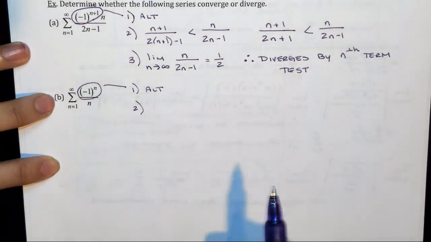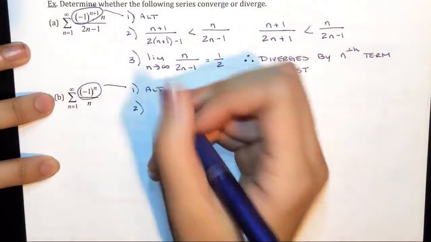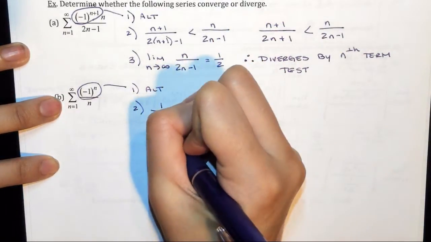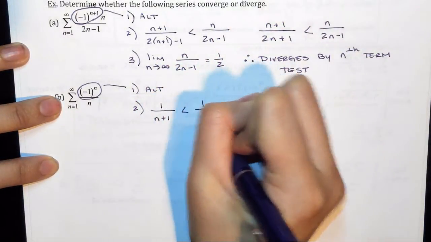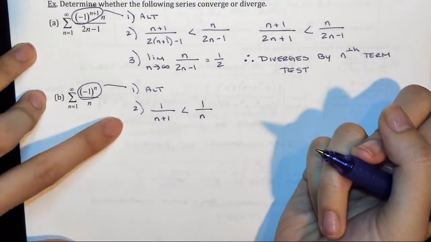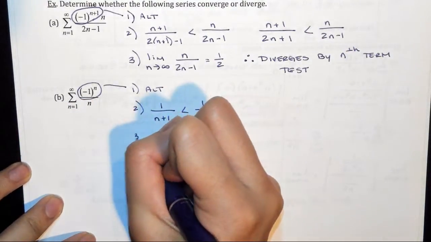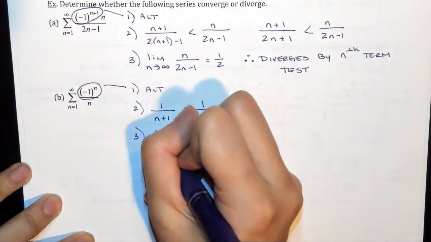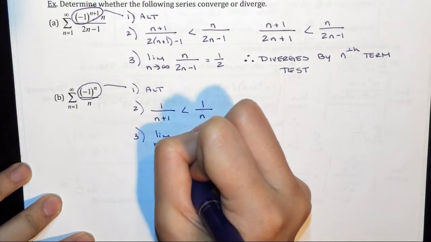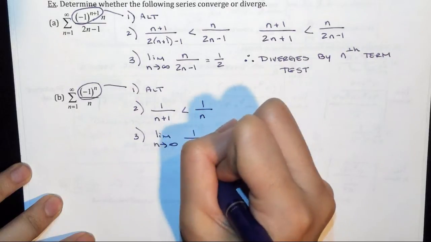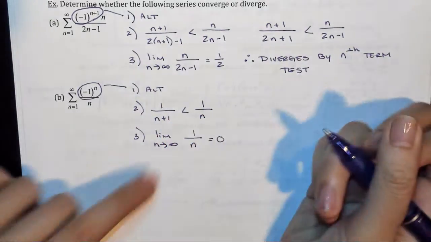The part that tells us, or we have to figure out, whether it's decreasing in magnitude. So 1 over n plus 1 is going to be smaller than 1 over n. And then we have to say that the limit of the non-alternating part is going to equal 0. And this does.